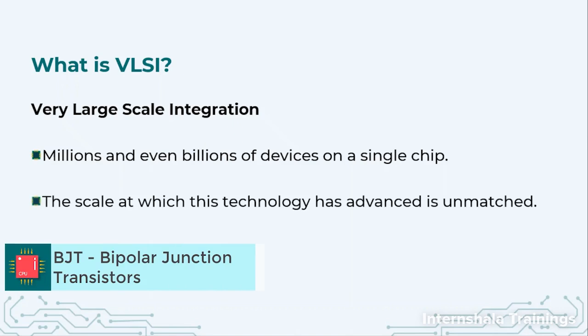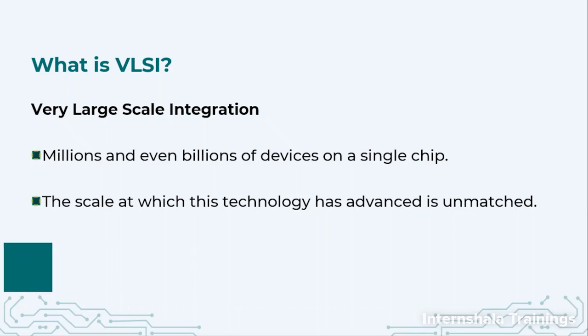This technology has advanced at an unmatched pace. No other technology has advanced at such a high pace. If we were able to integrate only thousands of transistors or devices on a single chip around 3 decades back, now we are able to integrate millions and even billions on the same chip.